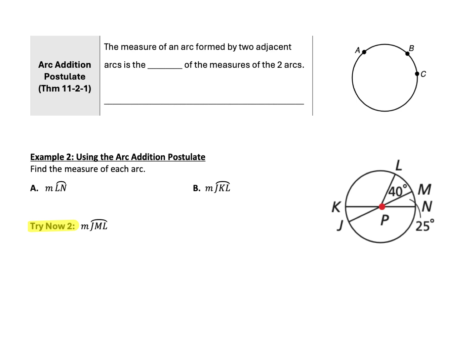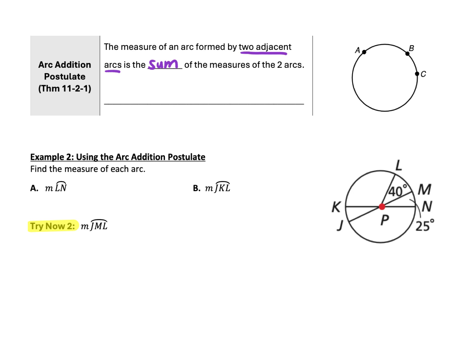Next, we're going to talk about the arc addition postulate. This works just like the segment addition postulate and the angle addition postulate that we've learned about earlier in this course. The measure of an arc that is formed by two adjacent arcs is the sum of the measure of those two arcs.